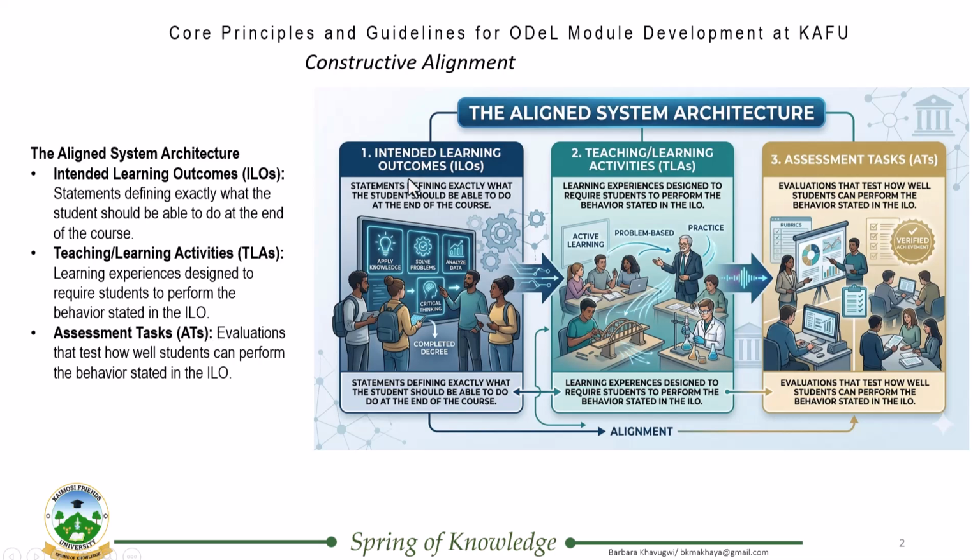So whatever you have stated as the intended learning outcomes and the teaching and learning activities, and you are going to see examples in the later stages of this presentation, and the types of assessment items should be aligned. That is the principle of constructive alignment.